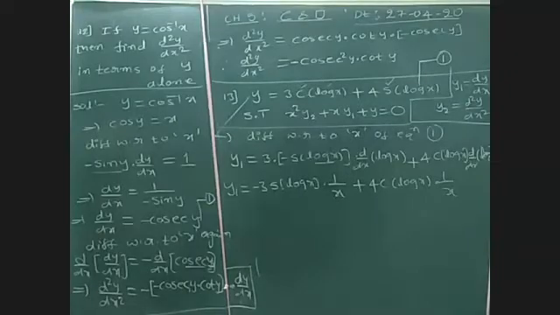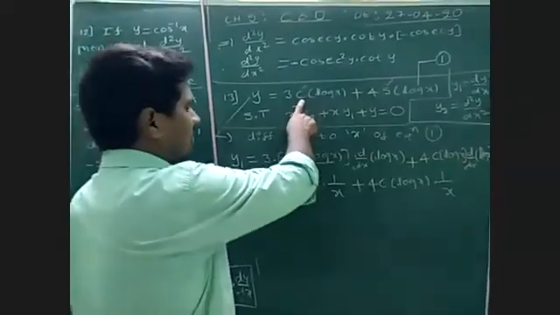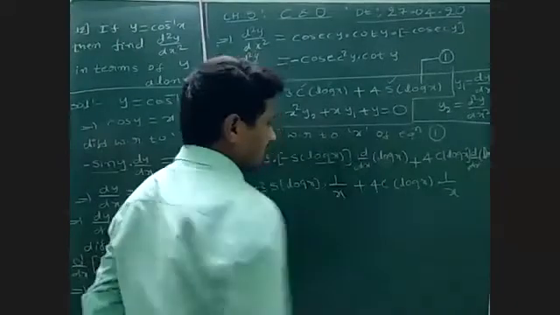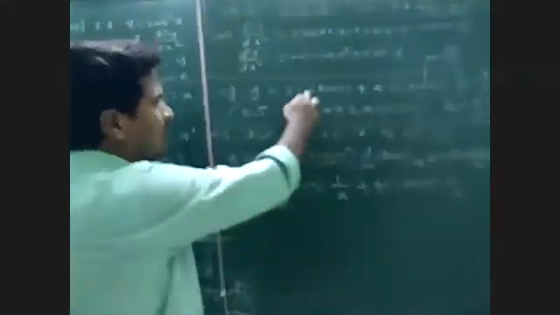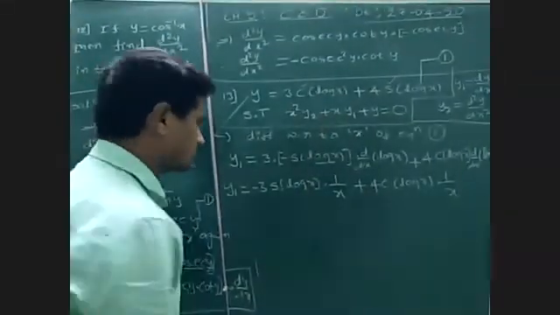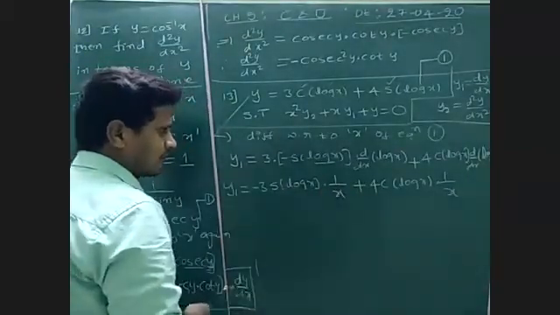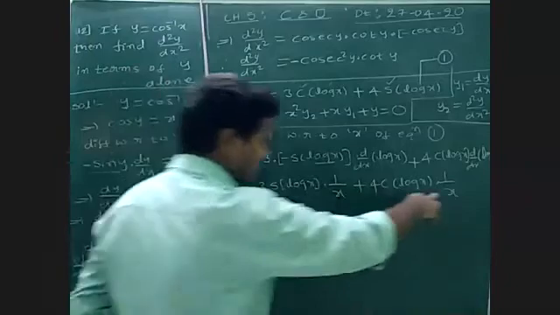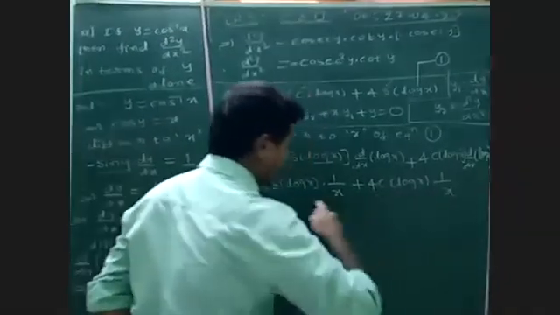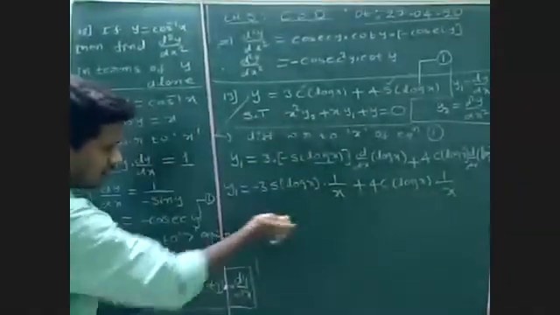You should write totally cos of log x. So what is the LCM? LCM is x. In both cases, x is LCM. That x I want to cross multiply.